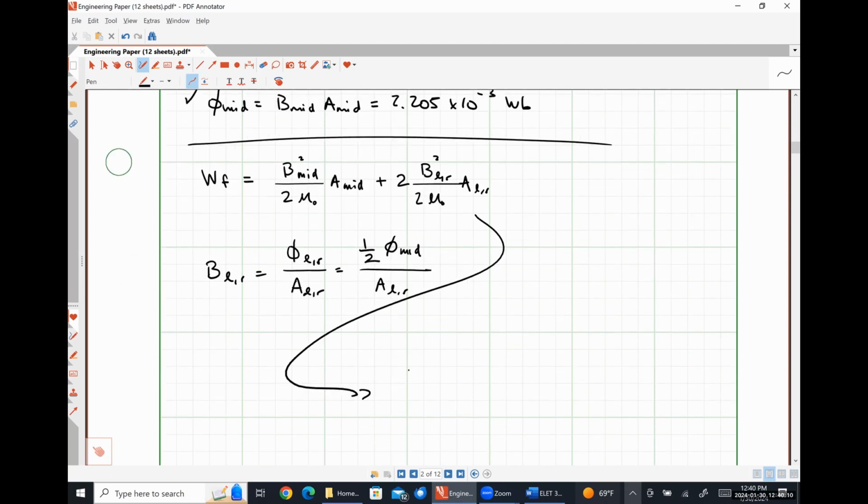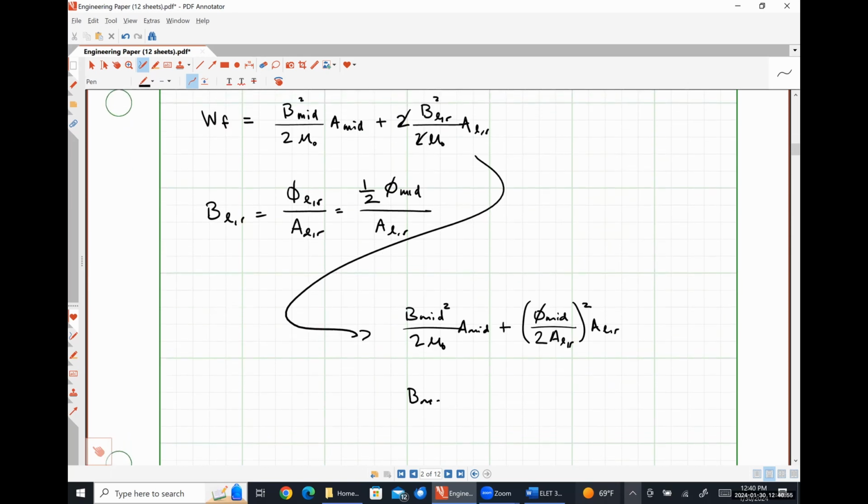So coming back down to here, we're going to have B mid squared over 2 mu naught times A mid plus, this 2 and this 2 cancel, so we're going to have phi mid over 2 area left and right, this whole thing squared, times the area of the left and right, which looks like B mid squared over 2 mu naught, A mid plus phi mid squared over twice A left and right.